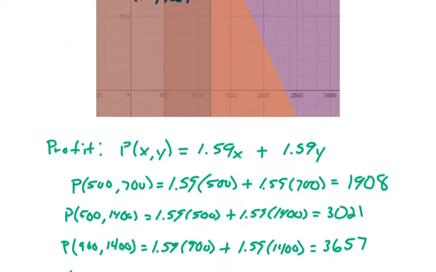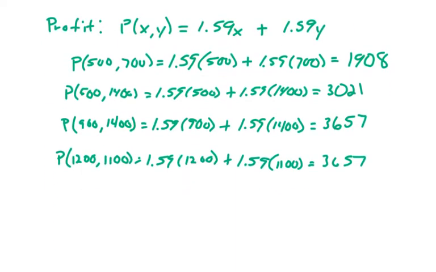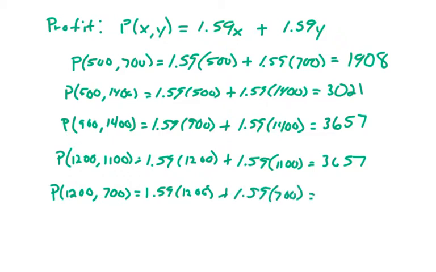And then we have a fifth option that was 1,200, 700. So 1,200 widgets, 700 gadgets. So $1.59 times 1,200 plus $1.59 times 700. And that one gives us a profit of $3,021 again.